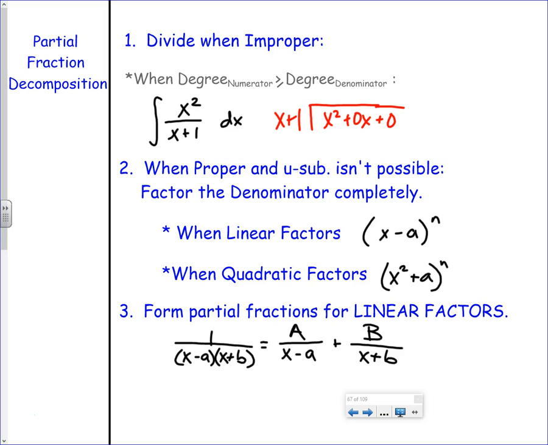As you guys are writing, I could at least solve it. That would be x minus 1, I think. Double checking. With a remainder.